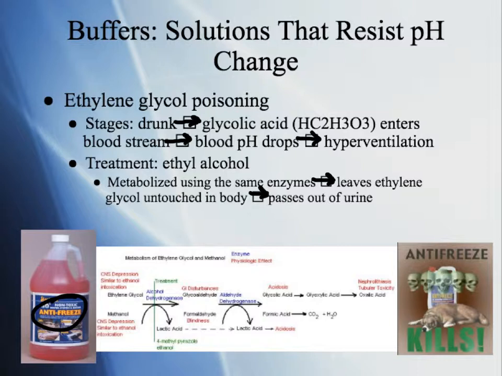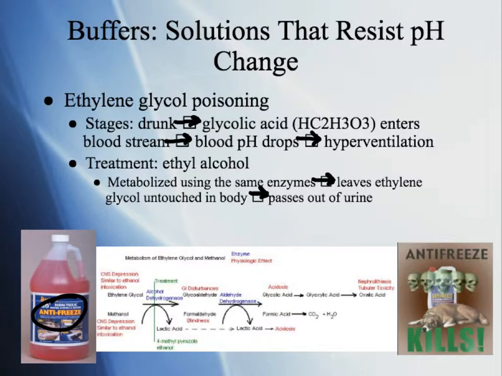This glycolic acid enters our blood, and if too much of it enters, it's going to overcome our buffer system. A little bit, no problem. We've got a buffer system in our blood to neutralize it. But if the dog, cat, or human drinks too much, and we get too much glycolic acid in our blood, it's going to plummet our blood pH. So your body basically tries to hyperventilate.